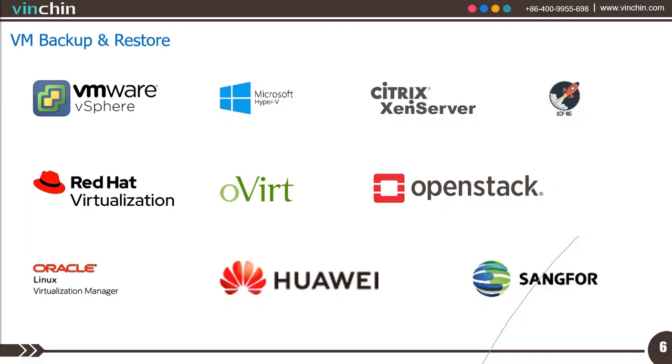Among them, the latest versions, VMware vSphere 7, oVirt 4.4, and XenServer version 8.2 are now supported. And the 2 new virtual infrastructures, XCP-ng and Oracle OLVM, are now supported.